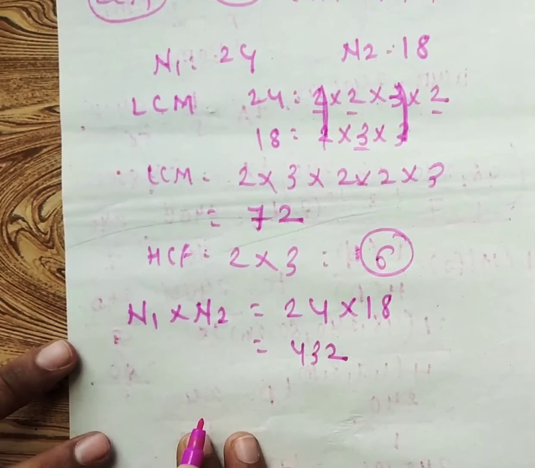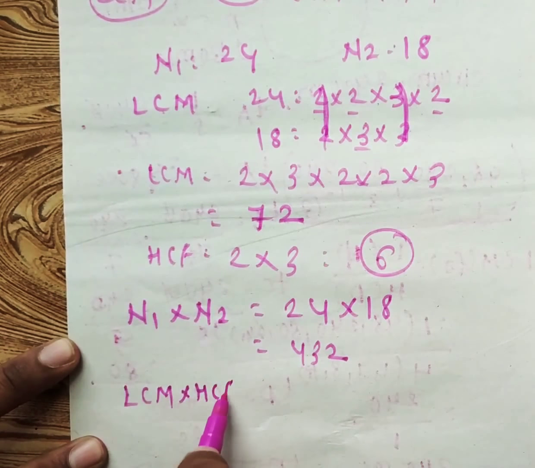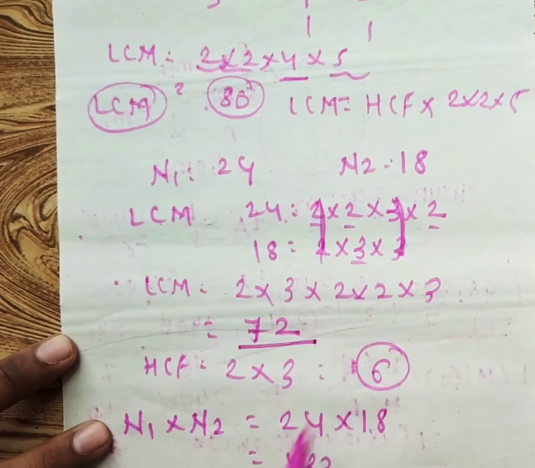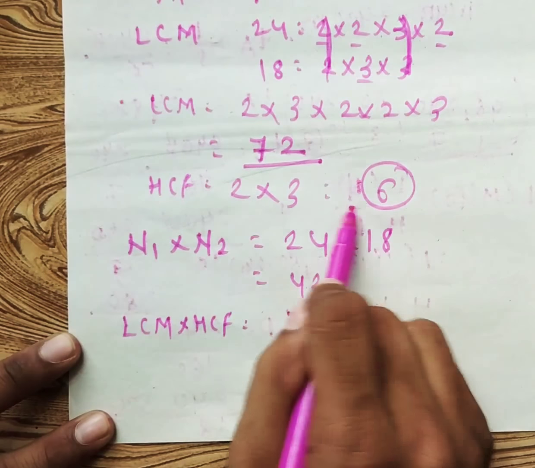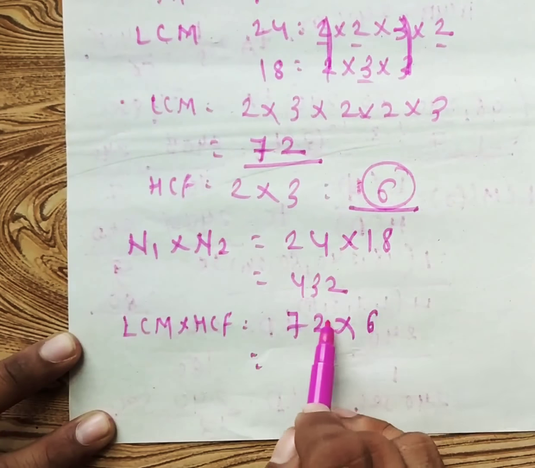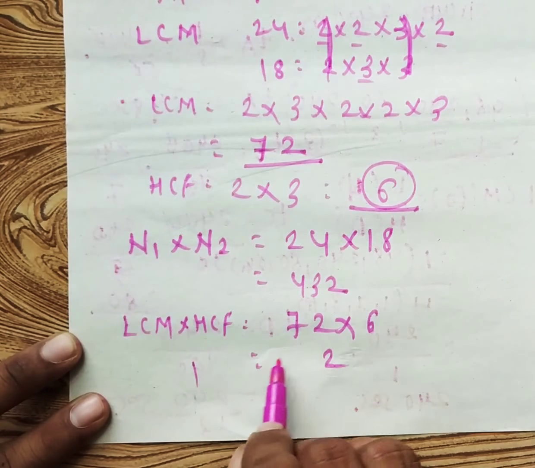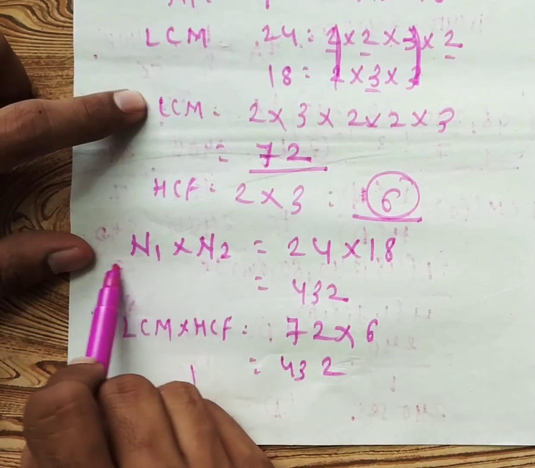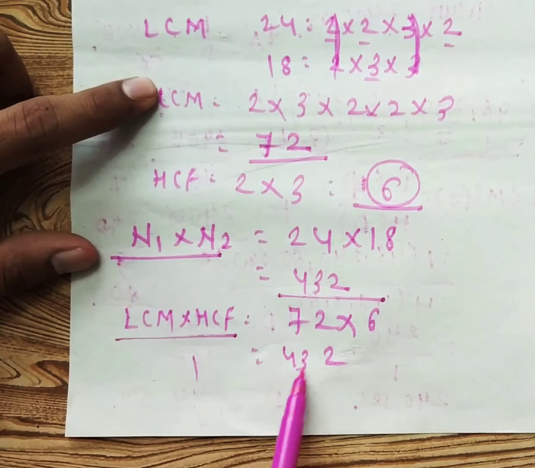And if I multiply the LCM into the HCF, the LCM is 72 and the HCF is 6, so 72 into 6 is 432. Please watch carefully: n1 into n2 we got 432, and LCM into HCF we got 432.